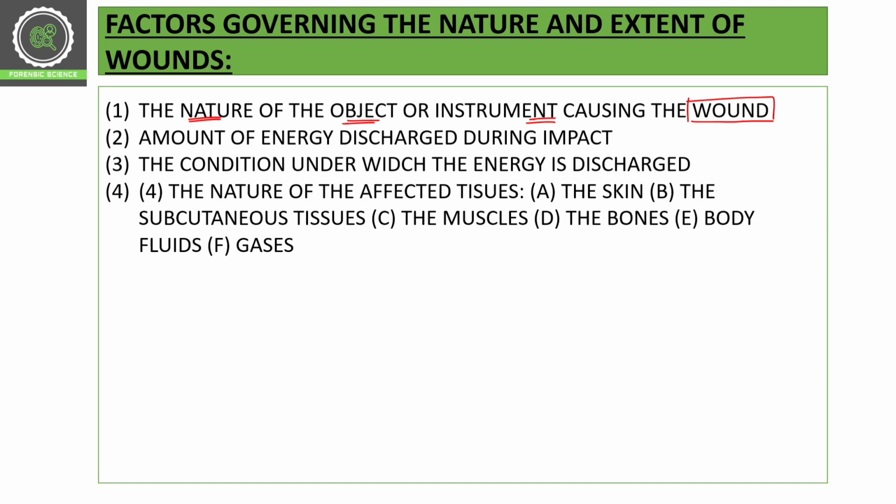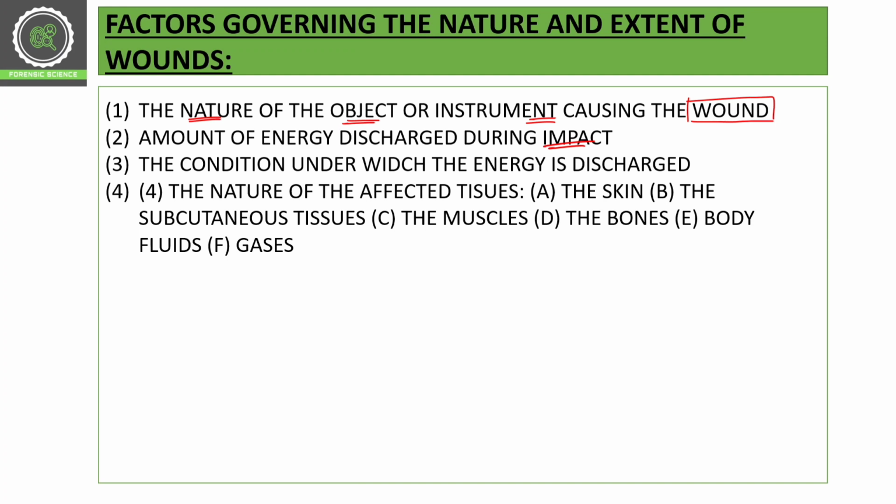Then the other factor is the amount of energy which is discharged during impact. Again, really very important. In the mechanism of infliction we have already seen that the amount of energy transferred to the tissue, to the particular cell, will affect greatly. As I told you earlier, if the amount of energy is lesser as compared to the tensile strength, then that person can sustain that injury.